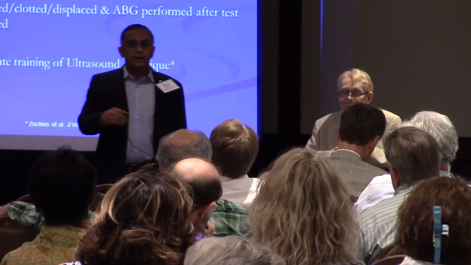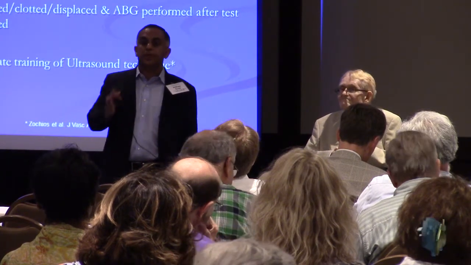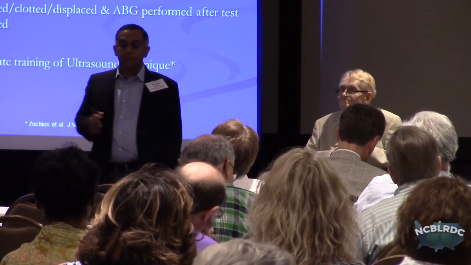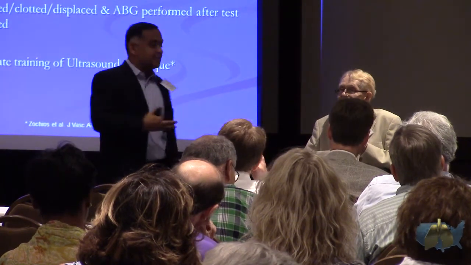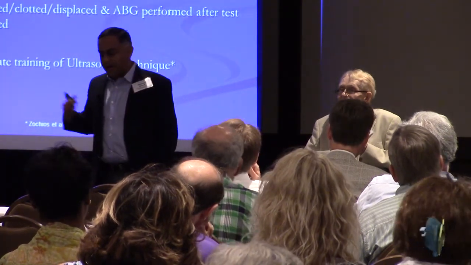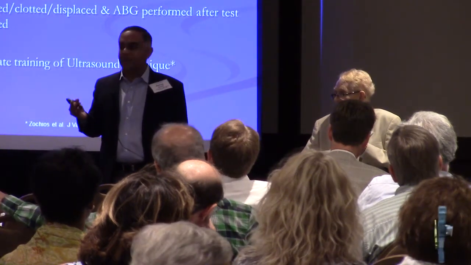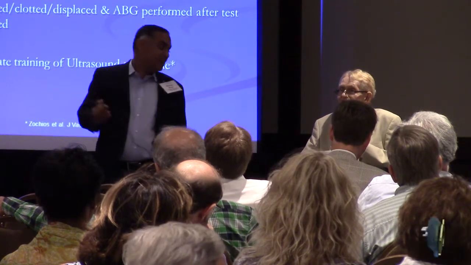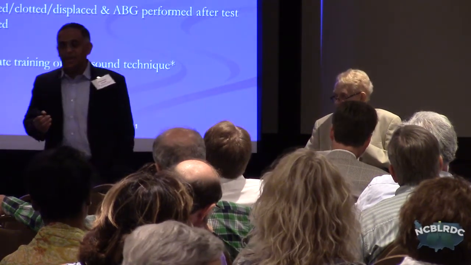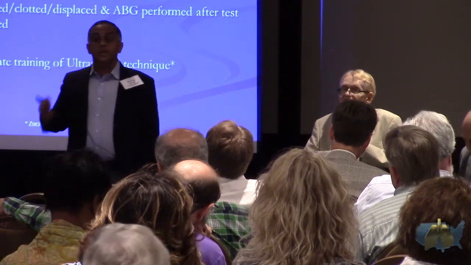And there is now data which says that if you use ultrasounds to place your arterial lines, you have fewer sticks, and you can do it quicker, although it probably doesn't apply to Dr. Rasmussen's laboratory, where I saw the amount of time that they take for placing arterial lines, which is really shorter than the time we take to put ultrasound-guided arterial lines. But again, there is a need to start using ultrasound to put arterial lines.